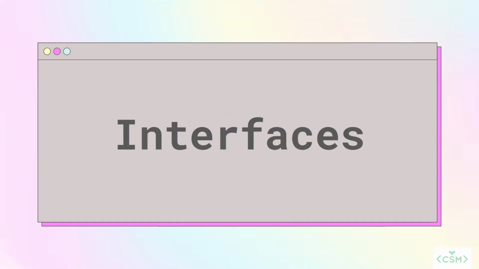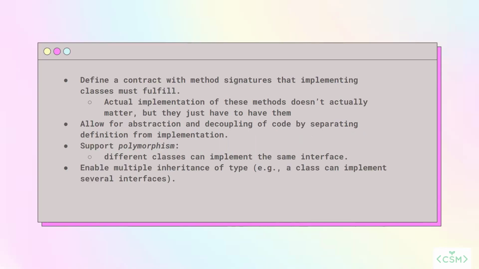Now we're going to go on to interfaces. Okay, so now I'm going to go over interfaces. For interfaces, you want to define a contract with the method signatures that implementing classes must fulfill. The actual implementation of these methods doesn't matter, but they just have to happen.